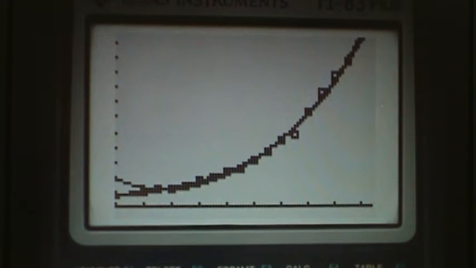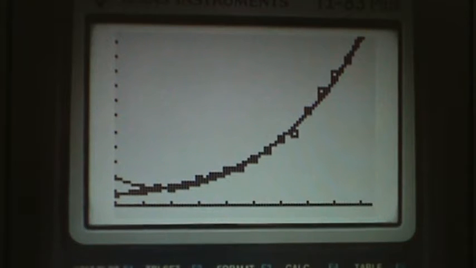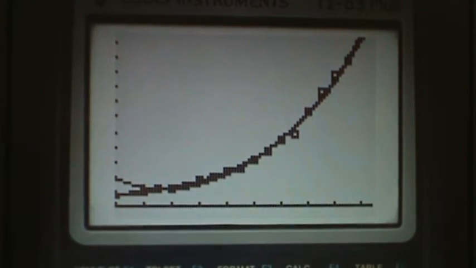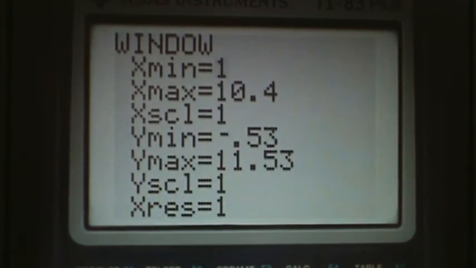Well, let me show you how you might make a determination here. We know that the exponential regression was the best fit in terms of r-squared value. But if we're using this for some indeterminate reason at this point, then we might look at the graph outside of the data set.